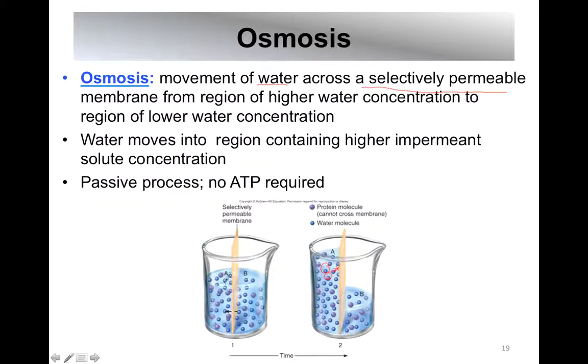On this side, it looks like initially A has a whole bunch more of these solute molecules. Let's say these solute molecules made up, I'm going to make up a number, 80%. That means water would only be 20% over here.